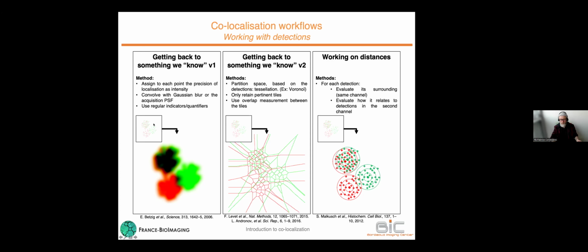If each single dot I convolve, I transform it by the PSF just the way a microscope does, well, the image is not as nice as the previous one, but now I've got something on which I could apply the methodologies that I presented earlier. I won't talk about tessellation, but working on distances is something that I presented, and that could also work on this precise type of images.